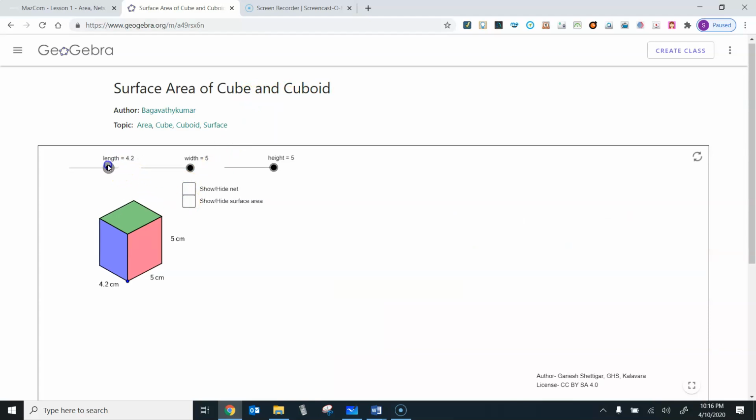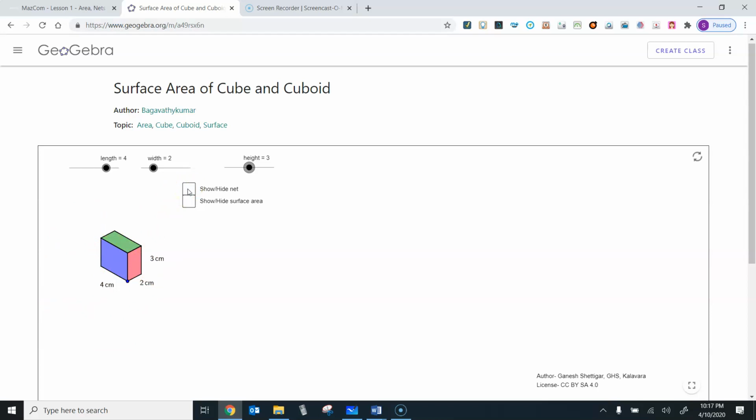The first one is the length, from that example was 4. The width from that example was 2, so you can alter it. And the height, using this slider, I can change it to 3. So that's the cuboid we had. It doesn't look exactly like that because it's rotated, but it is like that.